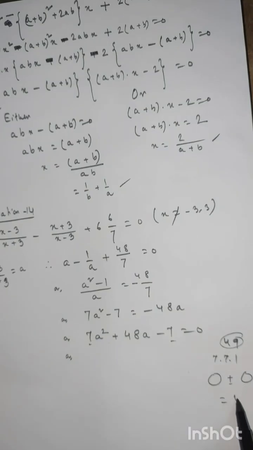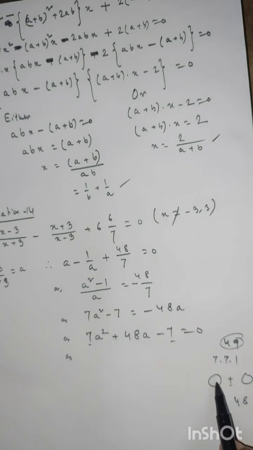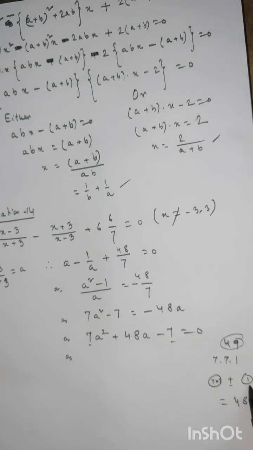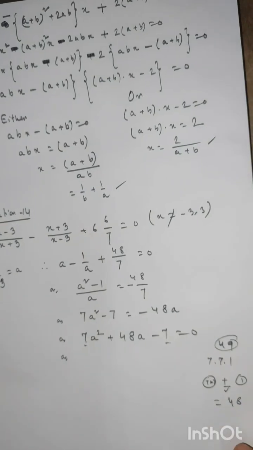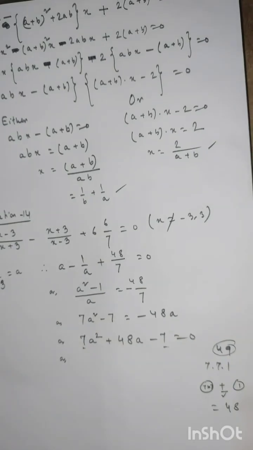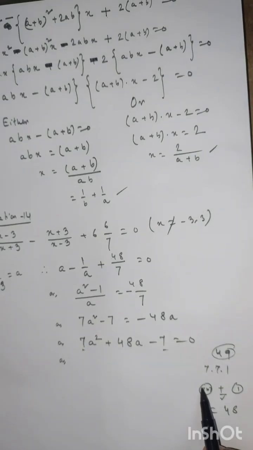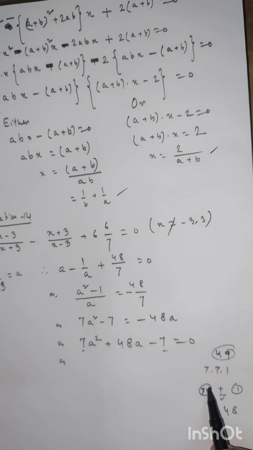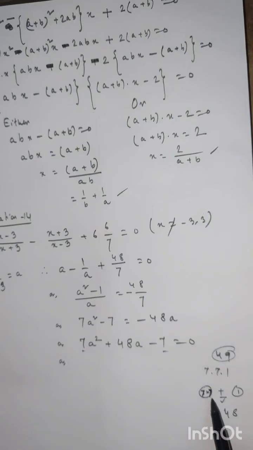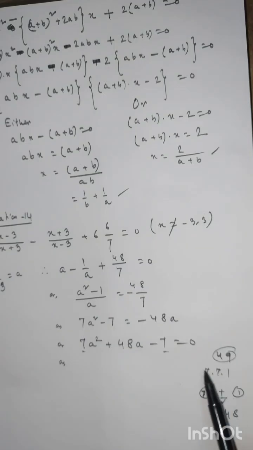So we can do it by 7 into 7 to this group and 1 to this group, that is 49 minus 1. Seven into 7 minus 1. We are putting two factors into the first group and the second factor to the second group, so it becomes 48.